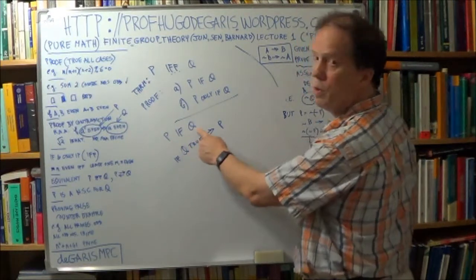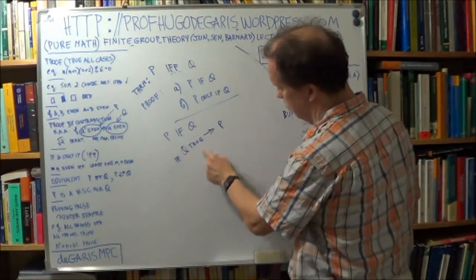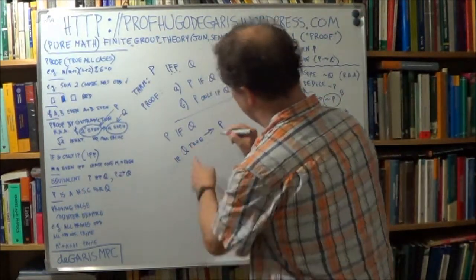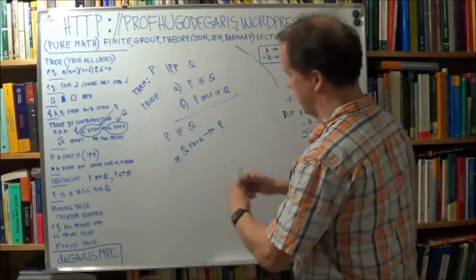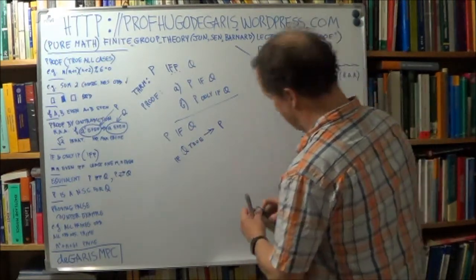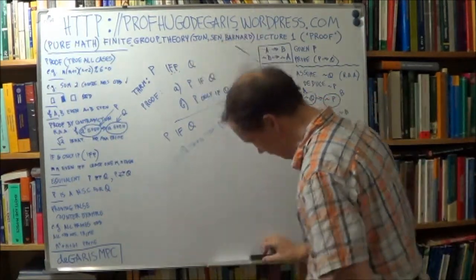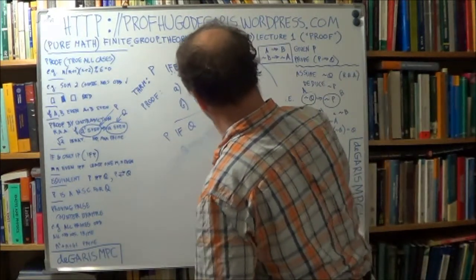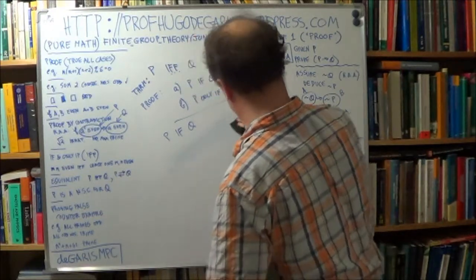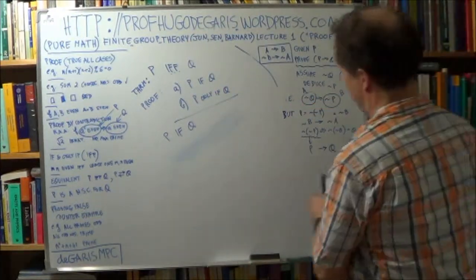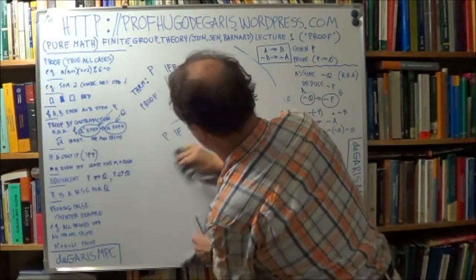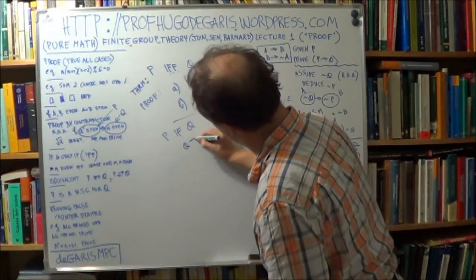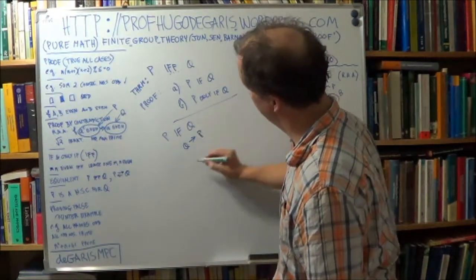P is true if Q. Well, if Q is true, then P. I follow that reasoning, right? I'll write this slightly more distinctly. So from this, you just say, if Q, then P, right?